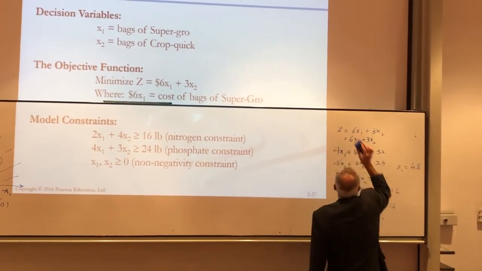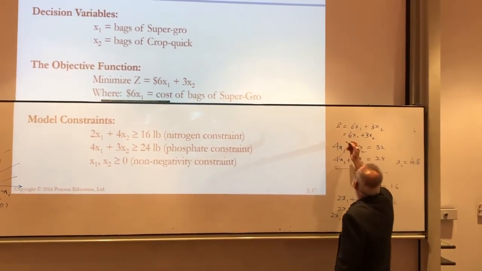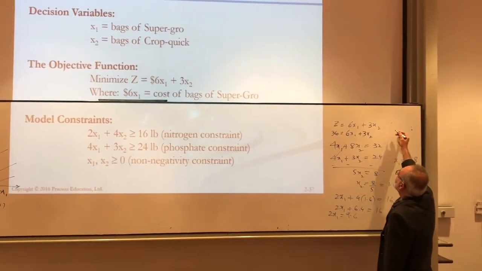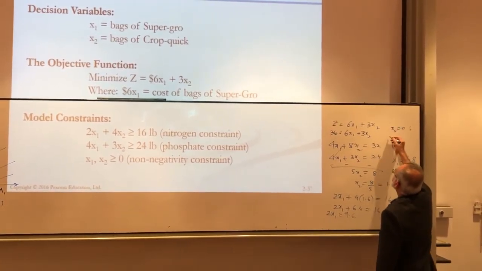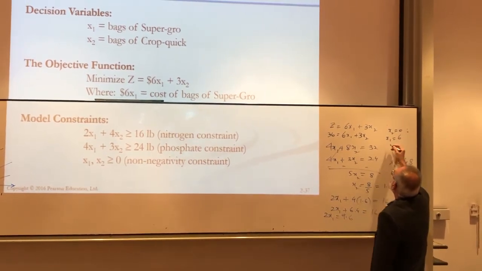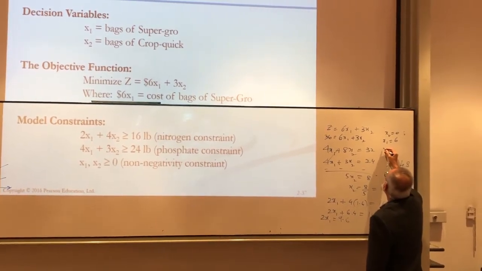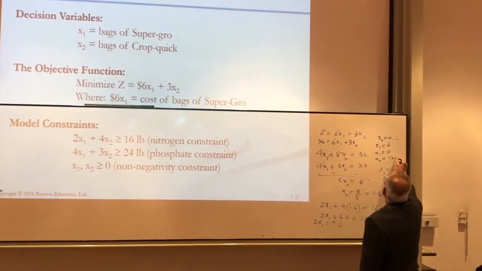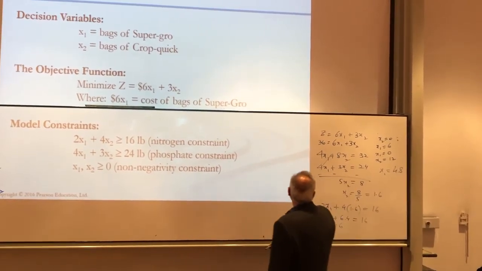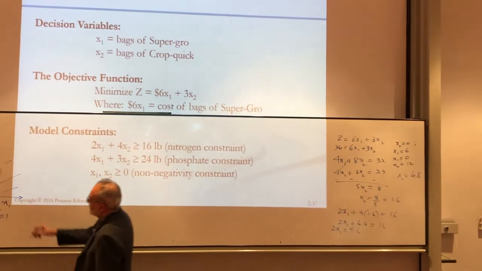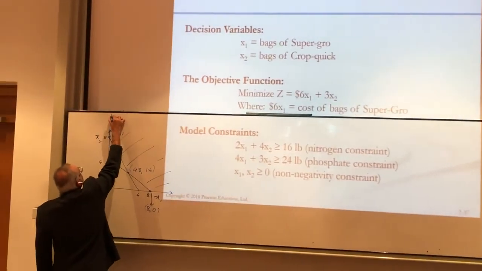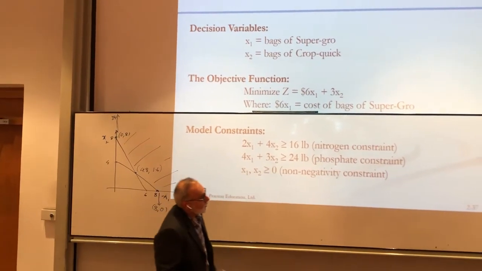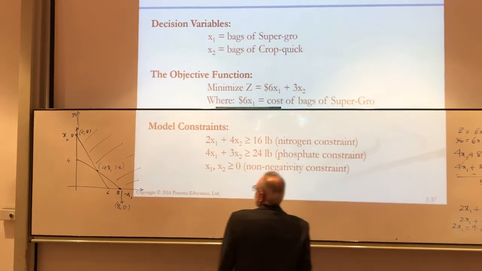Assume some value here, let's say 36. Okay, then we have when x2 is equal to 0, x1 will be 6, and when x1 is equal to 0, x2 will be equal to 12. So we have 12 here, which is somewhere here, and this x1 is 6.